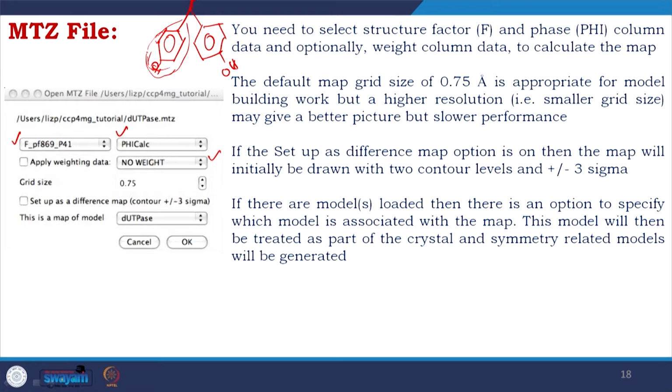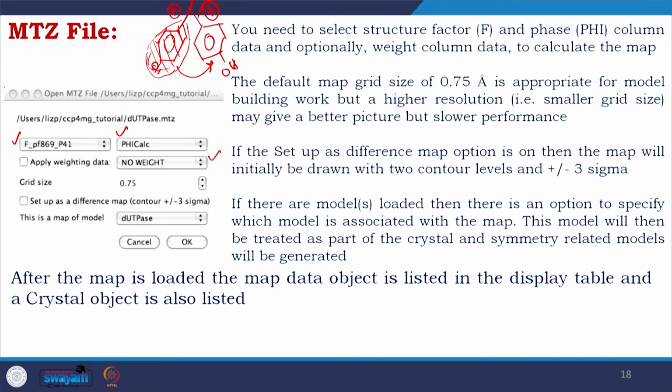If you specify, then the map will take the proper space. It might be shifted from here to here. If you specify which one is the structure, the A structure or the B structure, the model which is assigned for the map will go and fit it. So, that is what you could see.